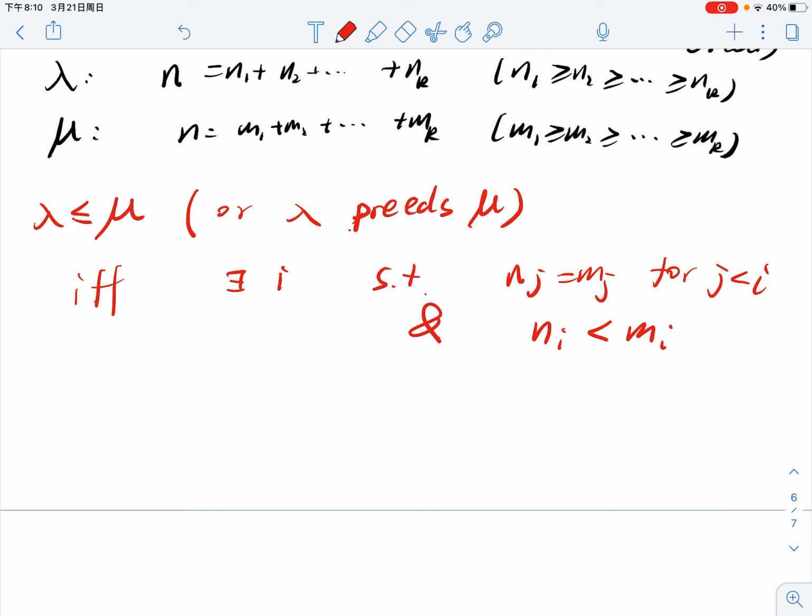Or you can understand it this way. They tie at the very beginning, and then suddenly one partition leads the other one. Then you just forget about the remaining items. This leading carries over to the final order.